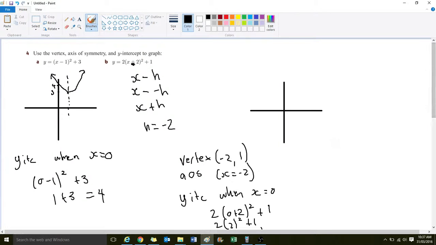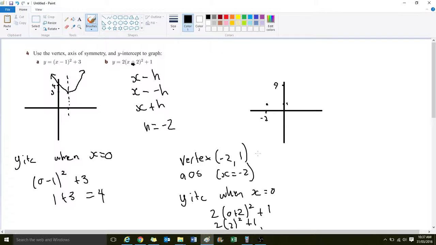So here we have a function that has a y-intercept of 9. It has a vertex, or the lowest point, the turning point, at -2 and 1. When x is -2, y is 1. So if we go across -2 units here, and up 1, this is the lowest point.